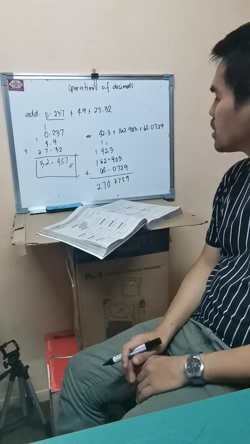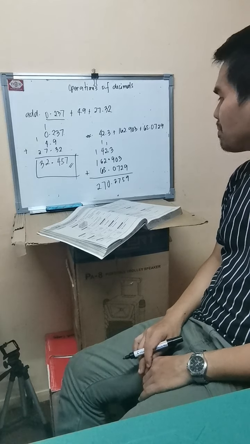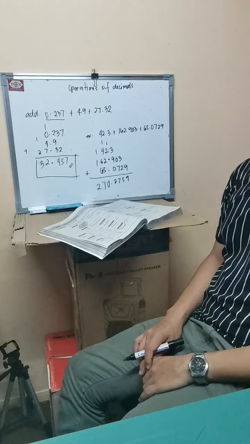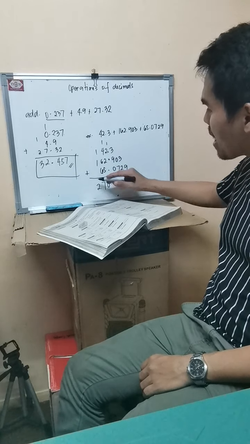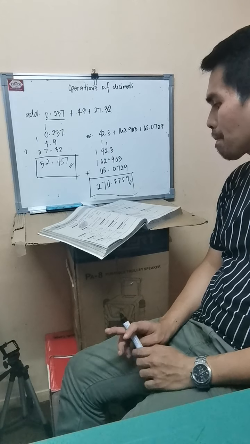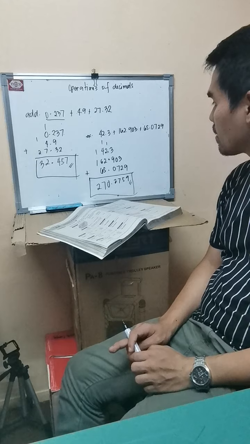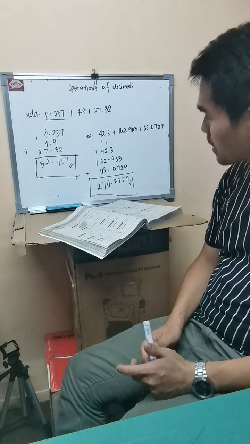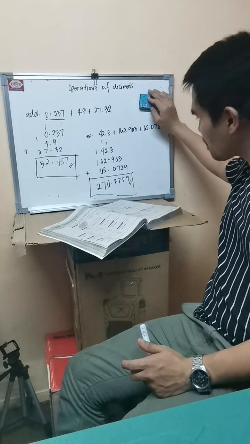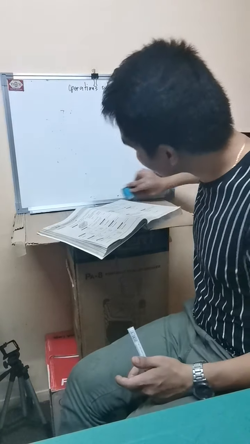So you have 270, copy the decimal point, 270 and 2,759 ten-thousandths. So this is our sum for the three addends. Okay, I think we're good with addition. Now we move to the next operation, which is, of course, subtraction.